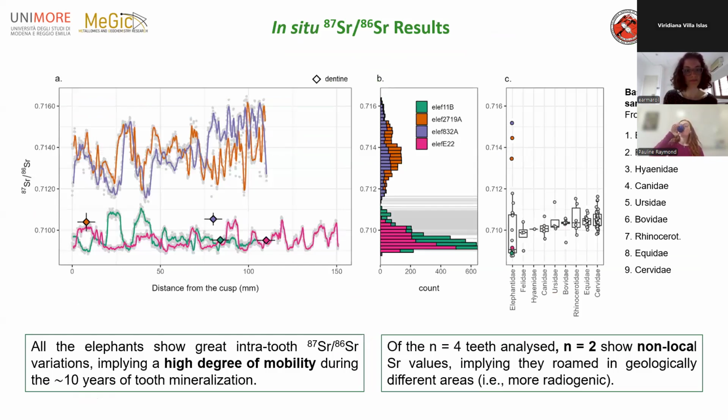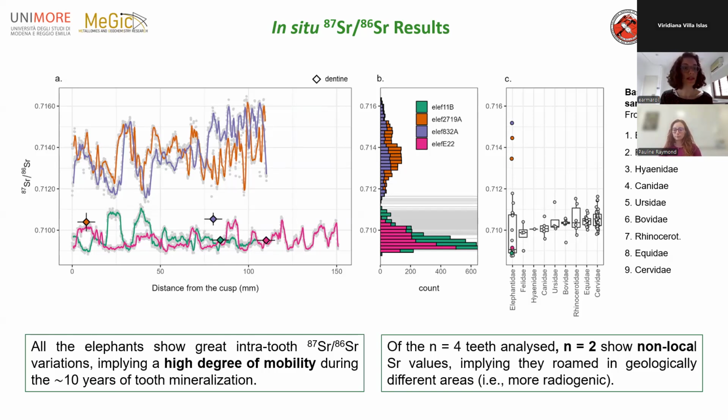Here are the results. As you can see in the first panel, the two couples of elephants display different strontium values. So there are two elephants that have less radiogenic values and two elephants that display more radiogenic values. The two displaying less radiogenic values correspond to the local baseline, which was assessed by bulk measurements of teeth of other species found at the site, which are also represented by the box plots.